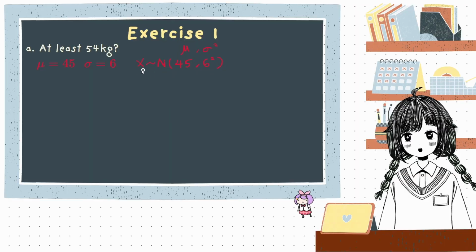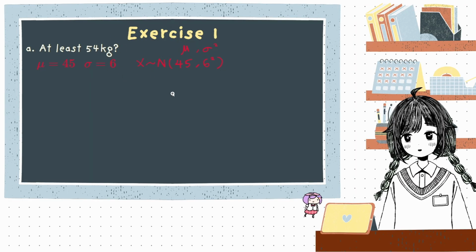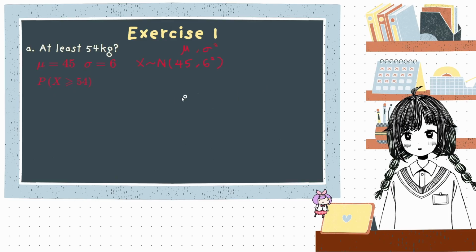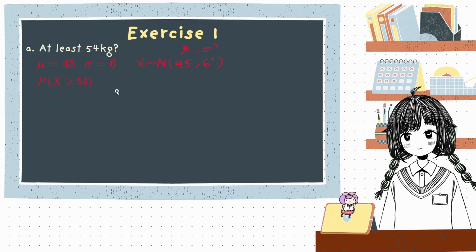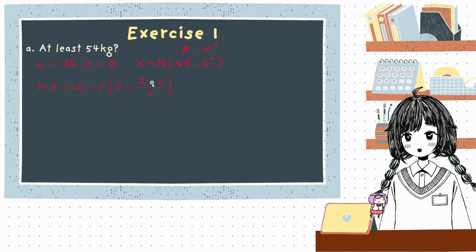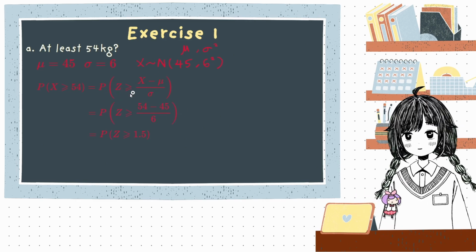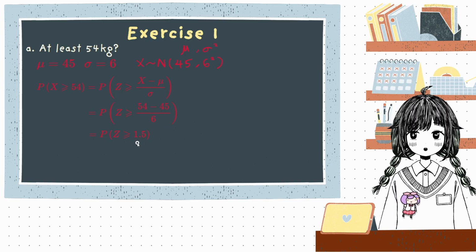It wants the probability of at least 54 kg. So this is for at least. Using the standard normal distribution formula, insert the mean and standard deviation values and we get 1.5.